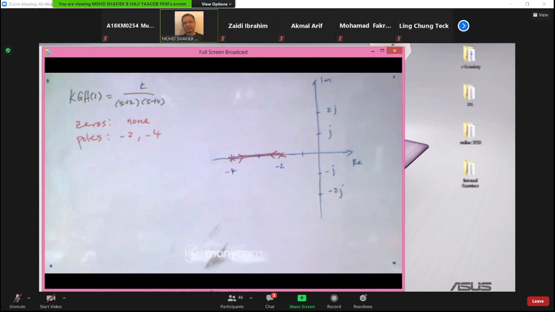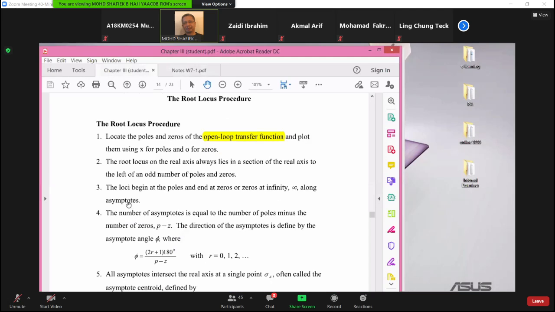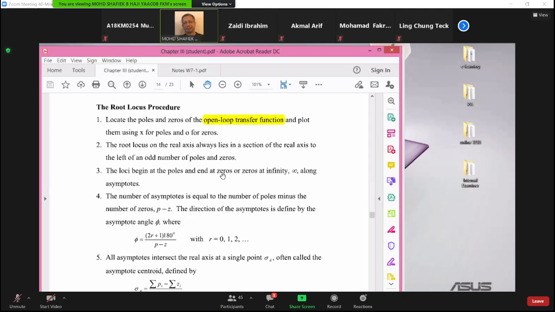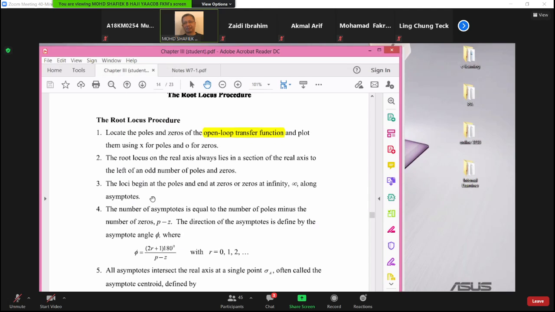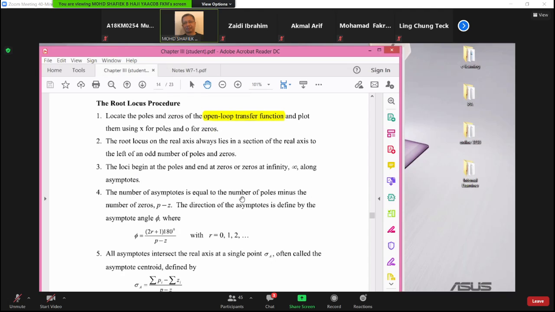Okay, let's go to our fourth. Since our locus is going to end at infinity along asymptote, we need to find the asymptote lines. The number of asymptotes is equal to the number of poles minus the number of zeros. In our case we don't have any zeros, and the number of poles is equal to 2.